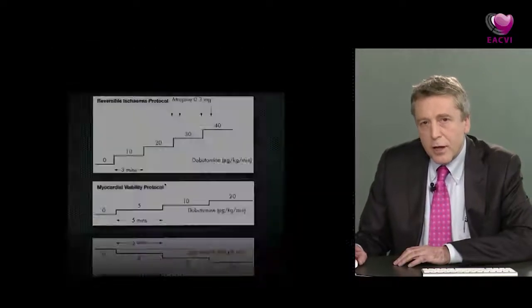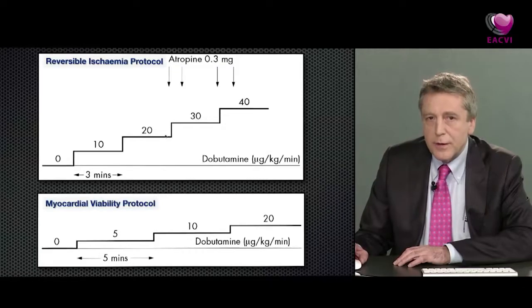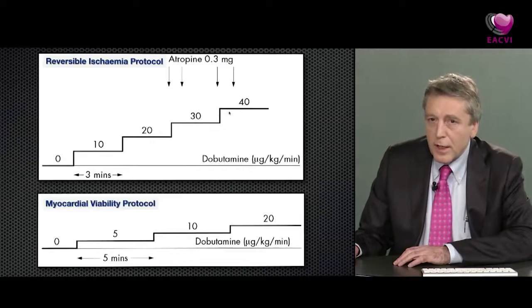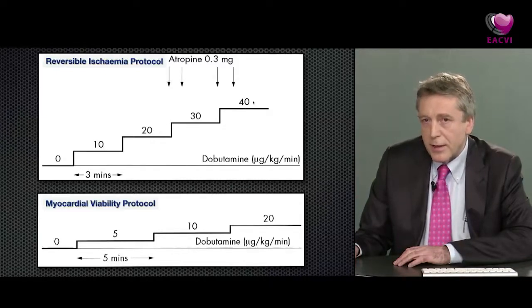So here are the protocols that we would use for dobutamine stress echo for reversible ischemia and myocardial viability. Now, a standard protocol using dobutamine goes up from 0 in 3-minute stages until we administer 40 micrograms per kilogram per minute if necessary. And also, if necessary, we can give atropine to actually make sure that we achieve a target heart rate.